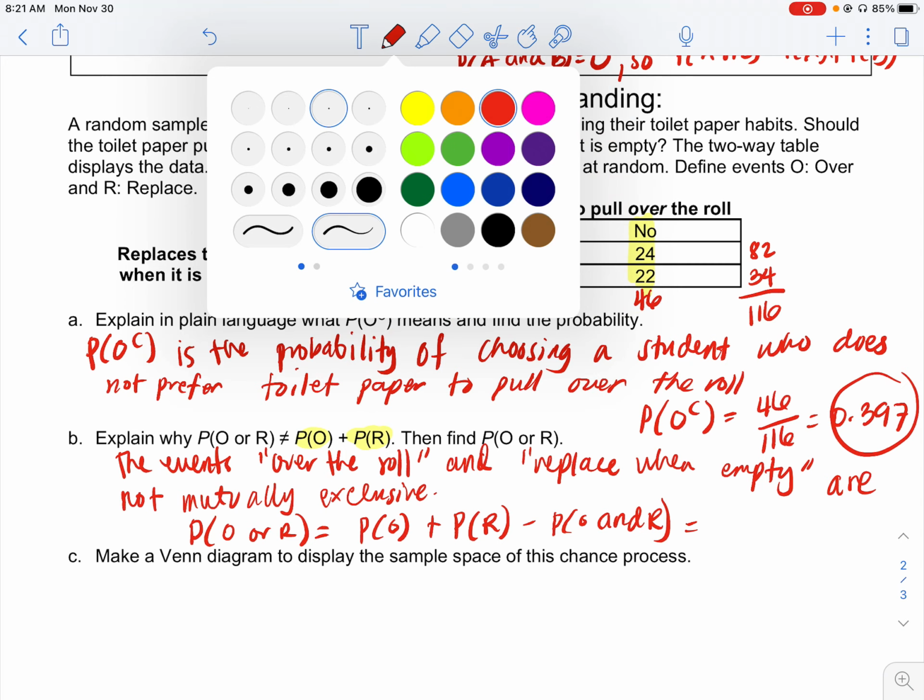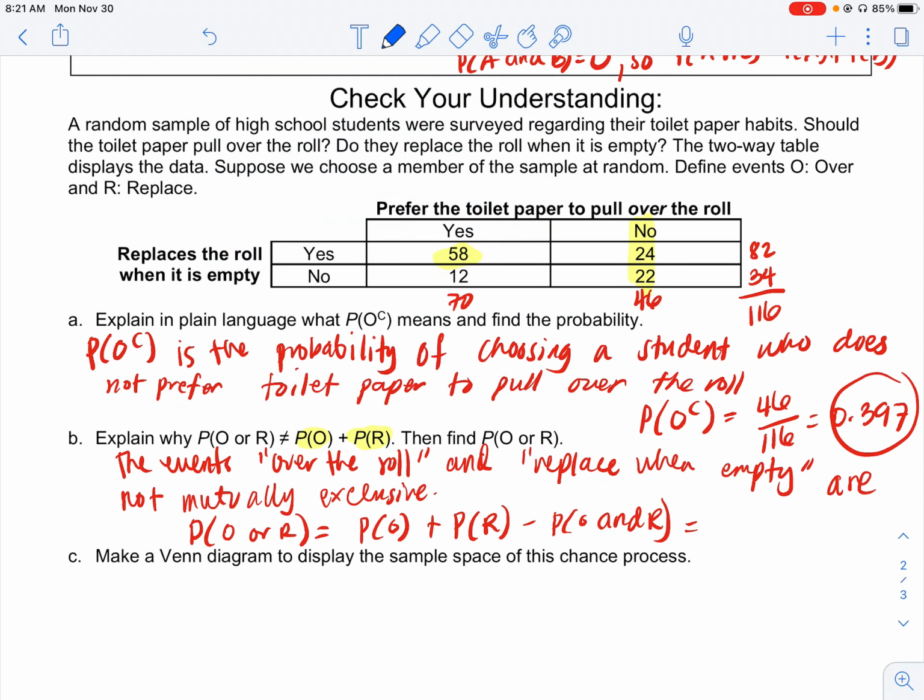Okay, let's color that different. So how many prefer to be over the roll? That's 70 out of 116, plus people who replace it when it's empty, all the yeses. That is 82 out of 116. But here's what I'm trying to do.